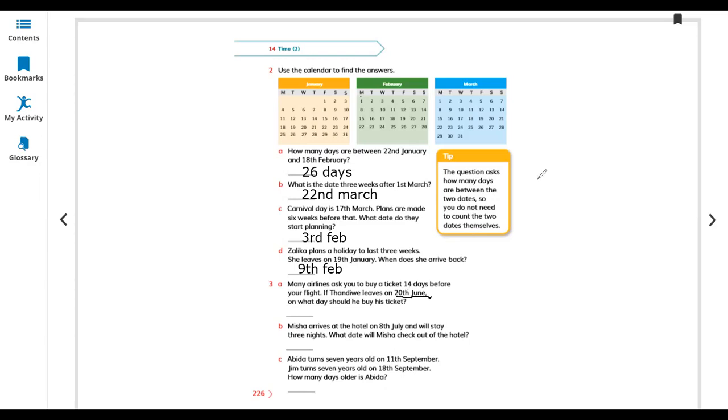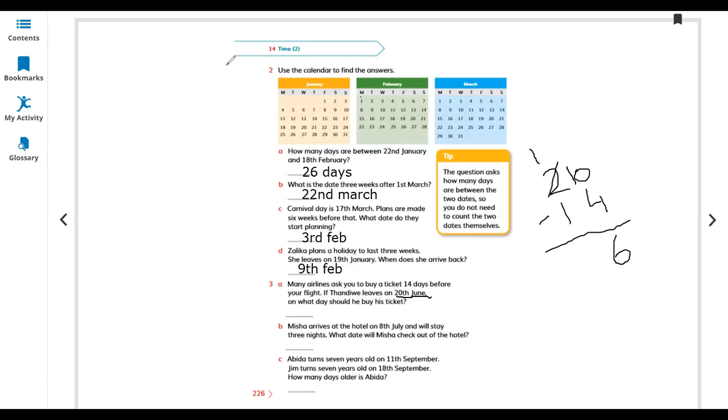So 20 minus 14, 20 minus 14. This is 2, we take 1. Why? Because 0 is smaller, we cannot minus it. Now this is 10. 10 minus 4 equals 6. And 1 minus 1, 0. No need to write. So on what day should he buy his ticket?